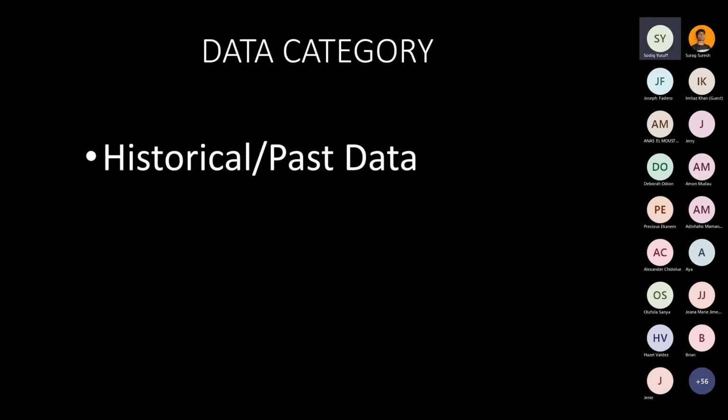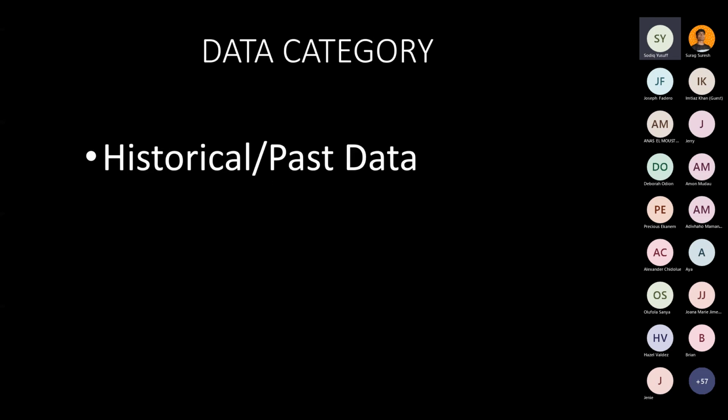With historical data, we do what we call descriptive or diagnostic analysis. What I mean by descriptive analysis is that with historical data, you can know what has happened in your business.